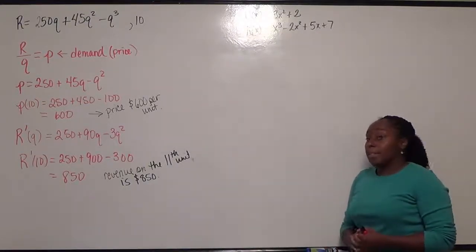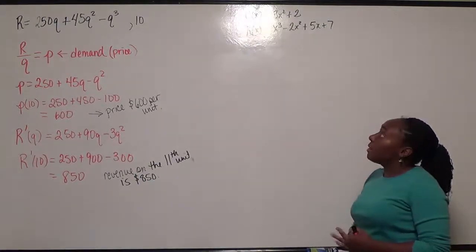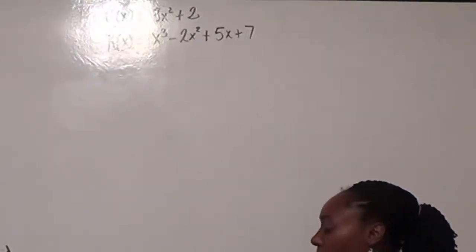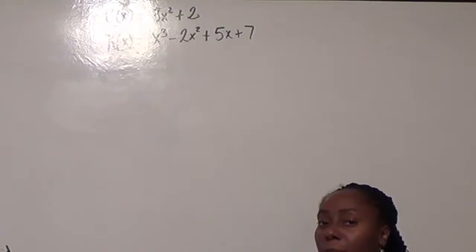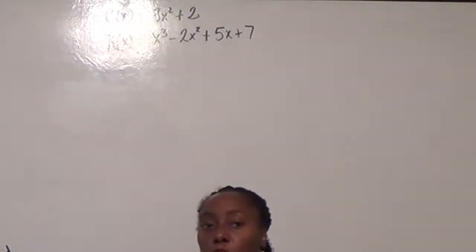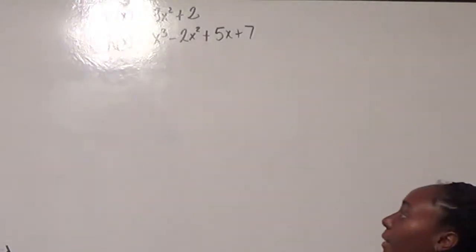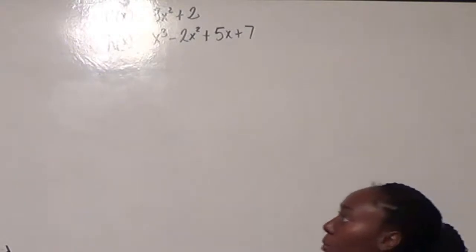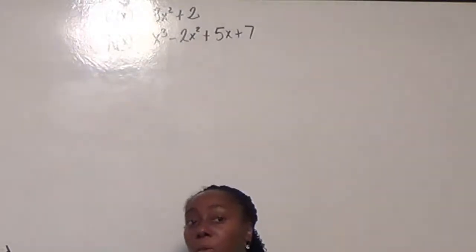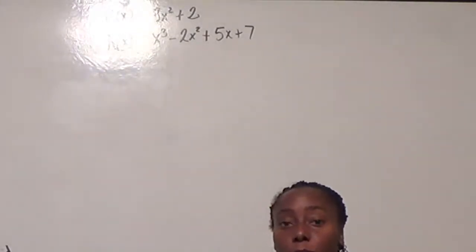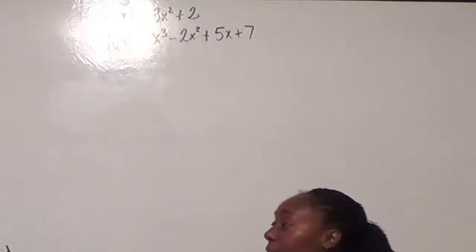Let's look at one last example, and that is, let's say I gave you a cost function and a revenue function, and we want to find the marginal profit. Okay. This is one of the examples that takes us back to our basic properties where we're adding and subtracting derivatives.